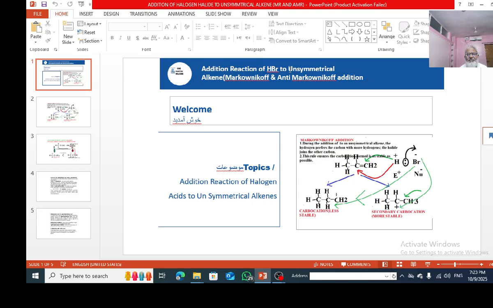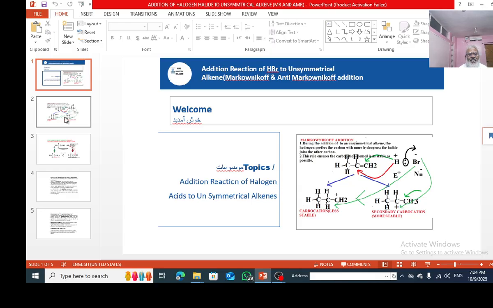Here there is a carbon-carbon double bond at the terminal position, and on the right hand side of carbon number 1 there is no alkyl group, and on the other carbon atom there is an alkyl group. So this is the unsymmetrical alkene.